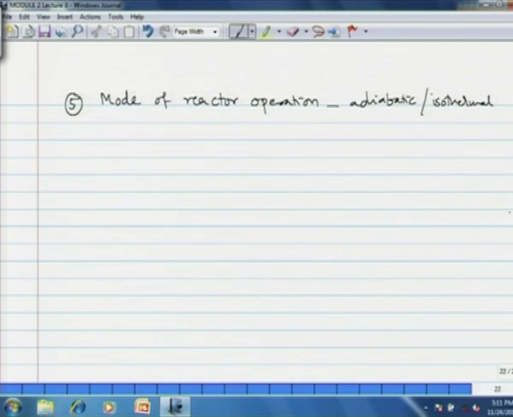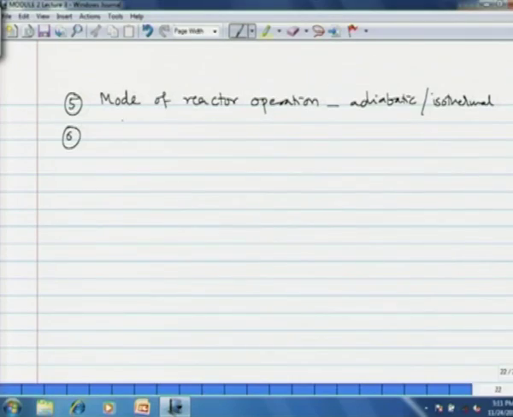Now, this question will mainly occur for processes having a highly exothermic or highly endothermic heat of reaction. Then the next question that we have to answer is how to shift the equilibrium conversion if the reaction that is occurring in the process is reversible.